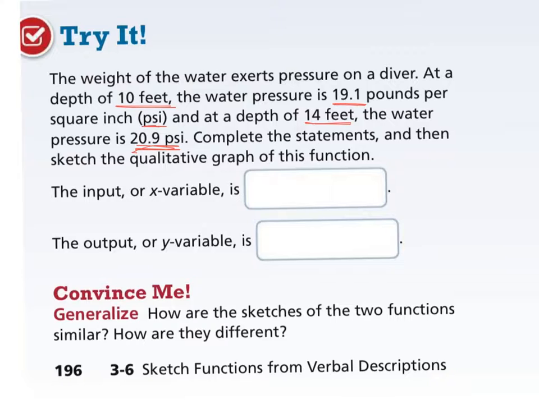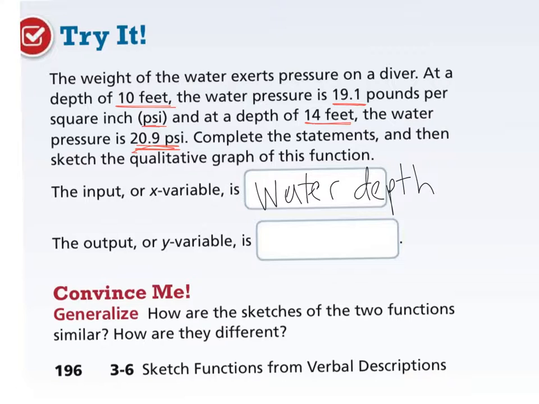For this, the input or x variable is going to be the water depth. A lot of times the first thing they give you is going to be your x variable. Again, we're probably more interested in what the water pressure is than how deep we are.